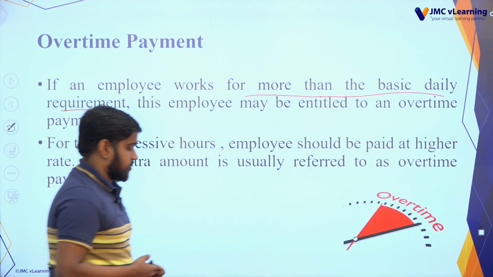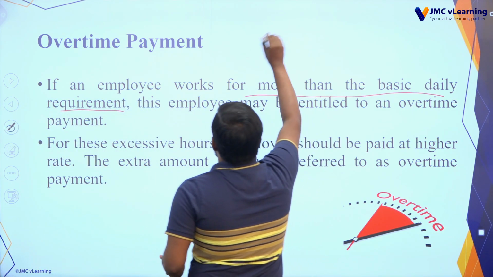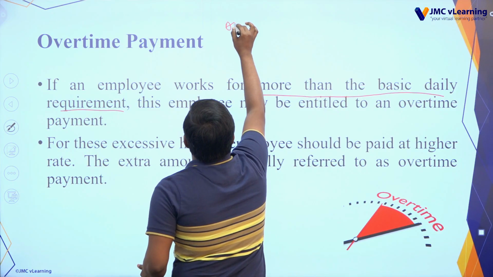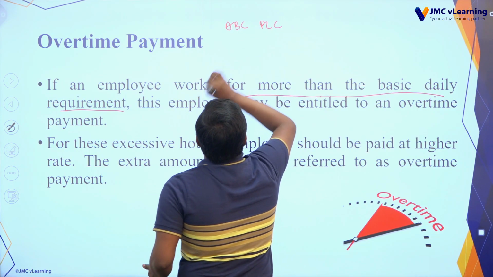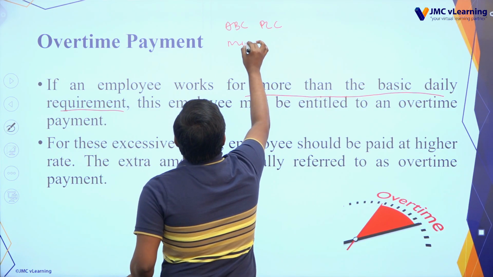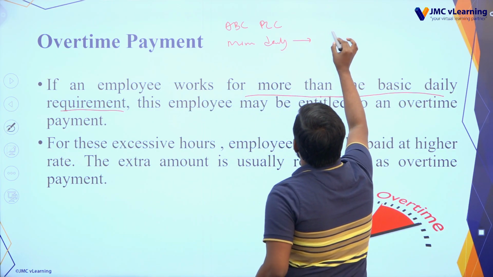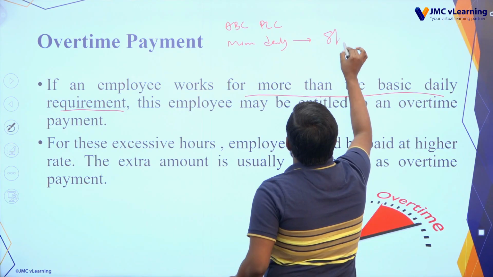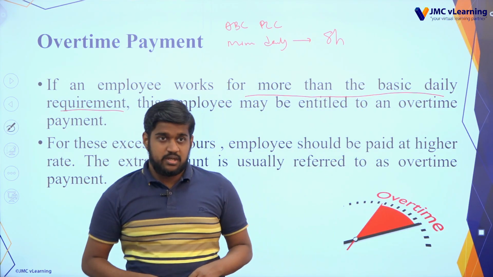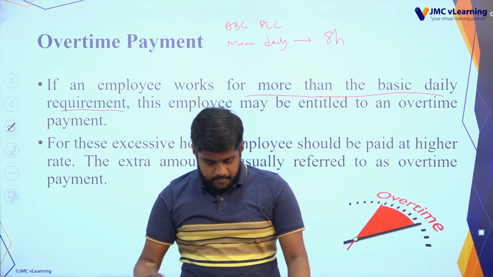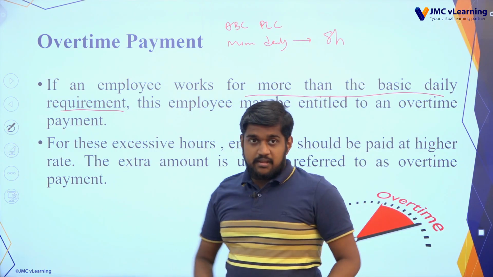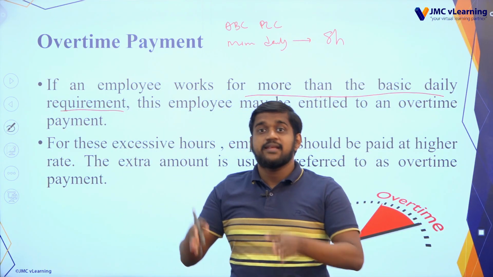For example, we can say in ABC PLC, their minimum daily requirement is 8 hours. That means every employee in the ABC PLC should work at least 8 hours.